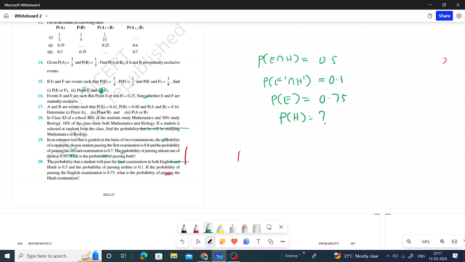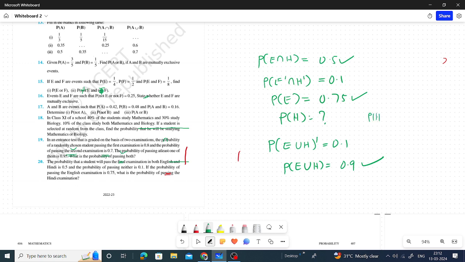Here it is given that the probability of E union H whole complement is equal to 0.1, from which we get that the probability of E union H is equal to 0.9. So the probability of E intersection H is given, E union H is given, and the probability of E is given. So what is the probability of H?